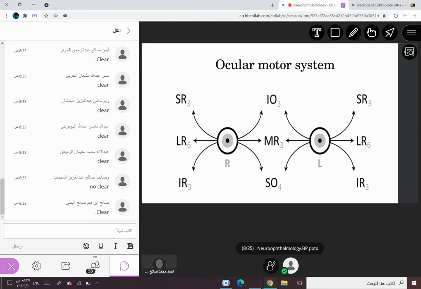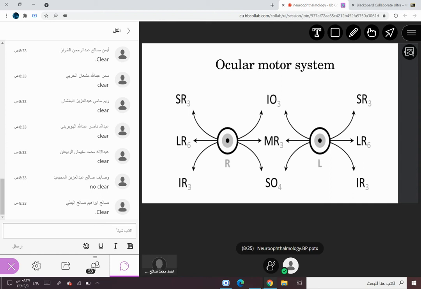So we discussed so far the visual pathway and the anatomy of the visual pathway. Then we discussed the pupil and its disorder. What are the constituents of the pupillary light reflex? What are the components of this reflex?